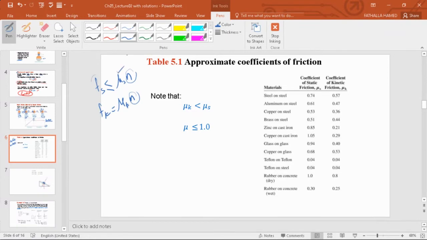So the coefficients here, μs or μk, are unitless. They don't have any units. And we call them coefficients. In the case of s, we call it the coefficient of static friction. In the case of kinetic, we call it the coefficient of kinetic friction.